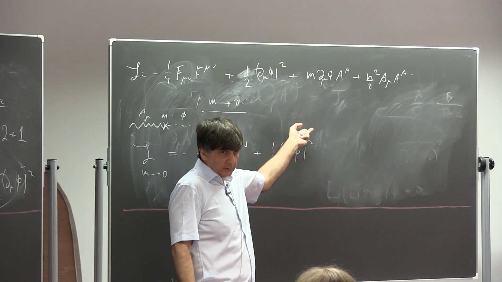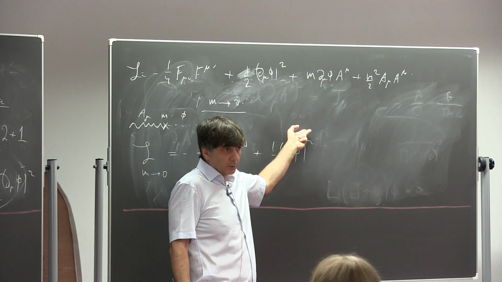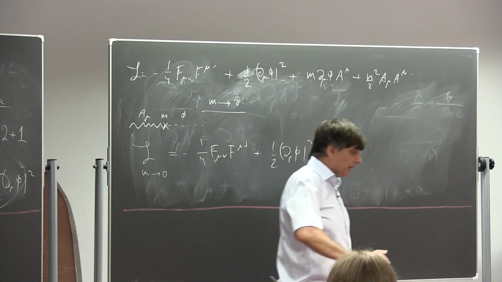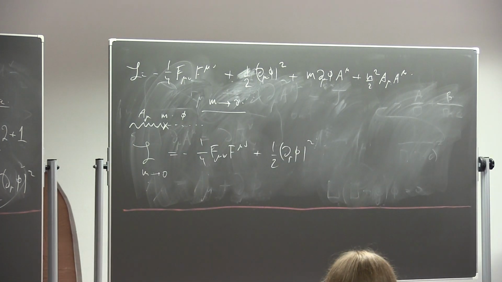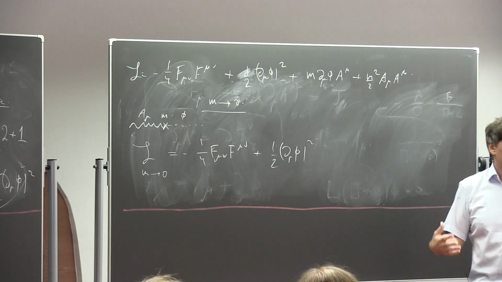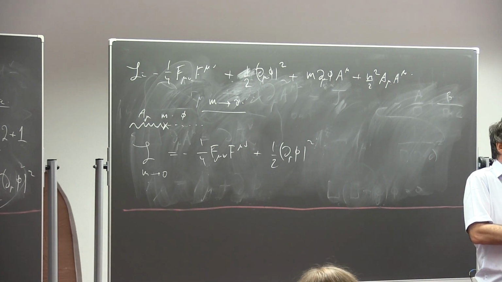Okay, you can take the limit, so you can smoothly take the limit mass going to 0. The issues come up, very interesting ones, when we allow some interactions in the theory.